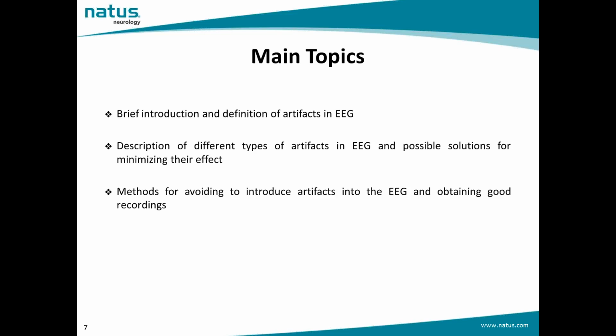In addition, some simple solutions and hints will be provided in order to reduce or remove, where it's possible, the effects of artifacts. So, with the first slide, we will have a brief introduction and definition of artifacts in EEG.